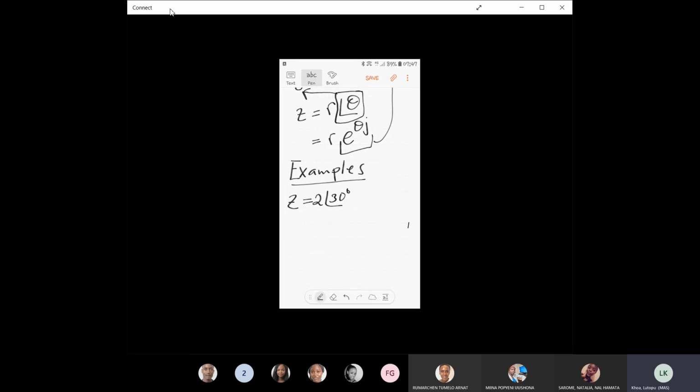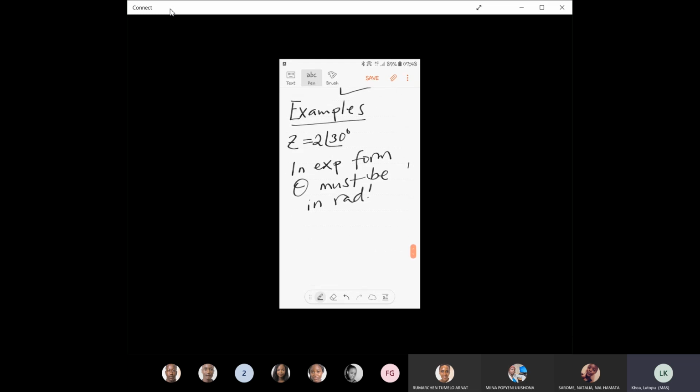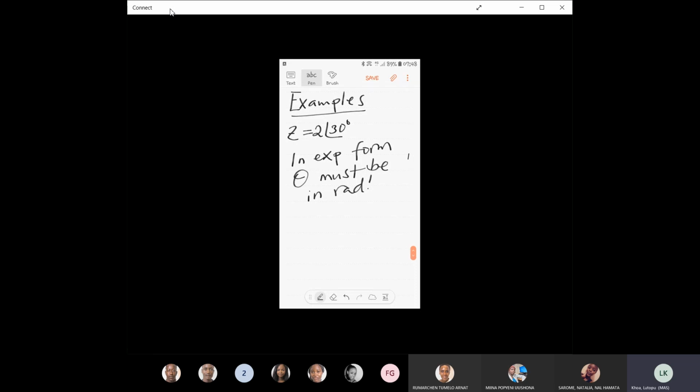Now, very important, in exponential form, theta must be in radians. If theta is not in radians, then what you have written is undefined, or it doesn't have a meaning. So if I put an angle there that is in degrees, it doesn't have a meaning. You must convert your angle to radians if it is not already in radians.